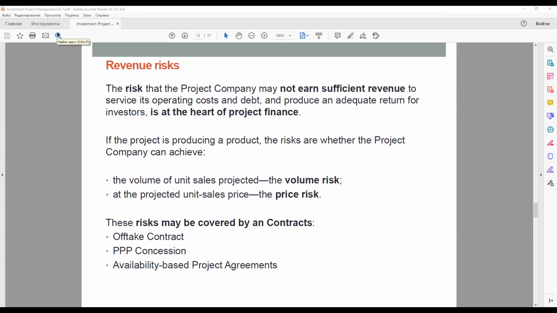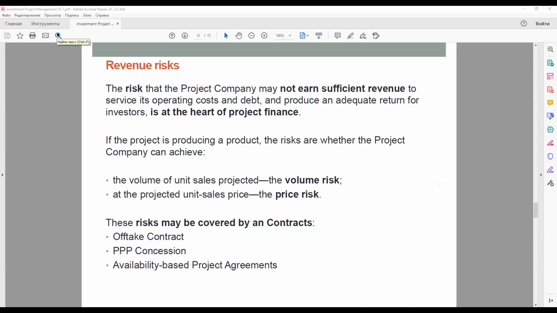If your actual fares are below this number, so you expect to have, for example, 5,000 crosses or users of this toll bridge per day, but for some reason it's only 2,000 users per day, but your availability contract has a provision that the contracting authority, which can be a local municipality, will cover at least 3,000 users of the bridge per day, then you will receive this money.